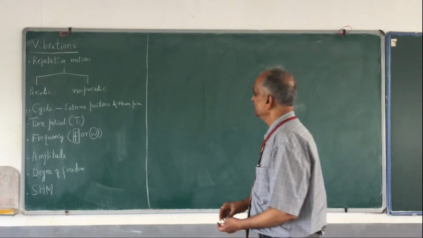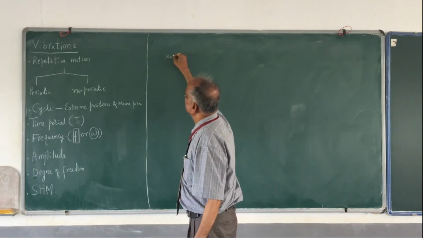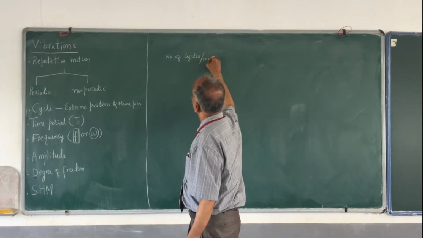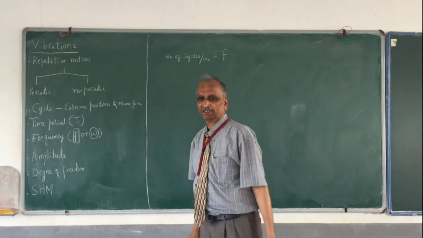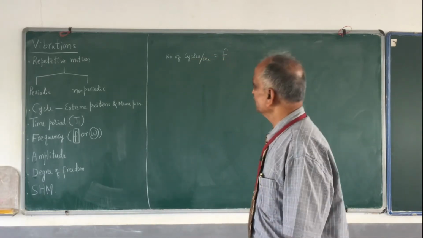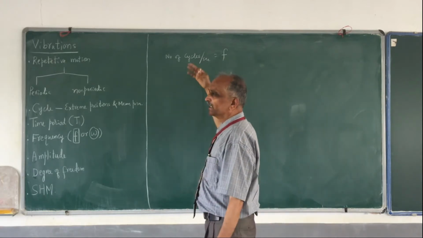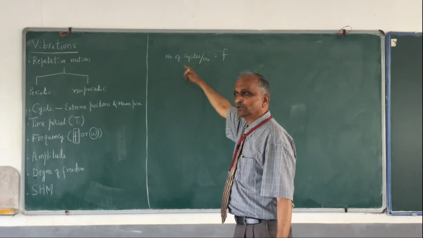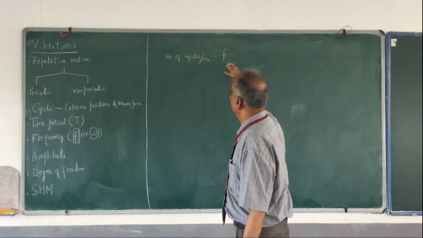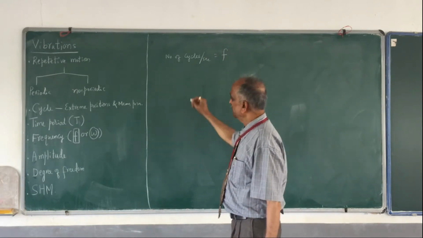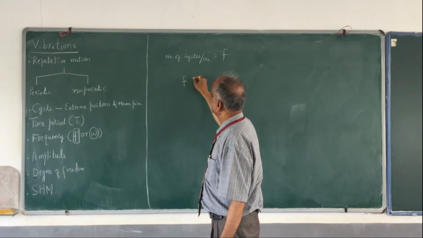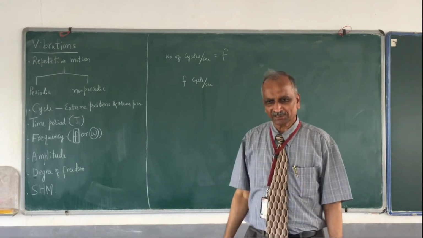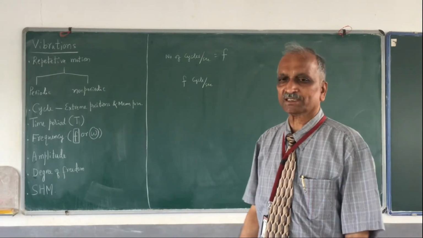Frequency, as I said, is the number of cycles per second. This is what I call f. The same thing I can express in radians per second also. If I have f cycles per second, and one cycle per second also has a separate name, that is called hertz.